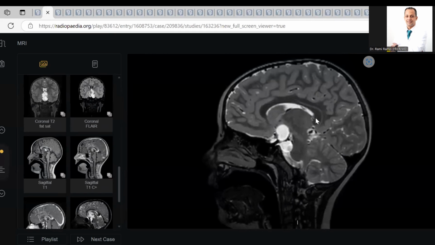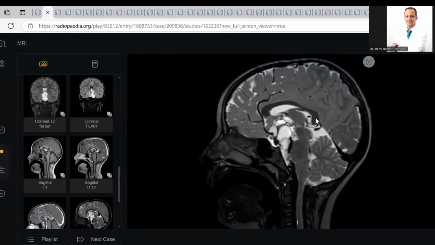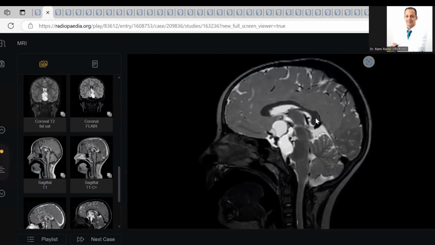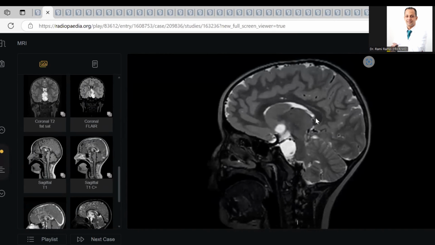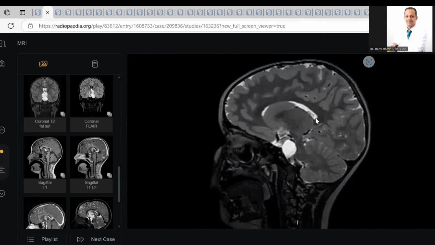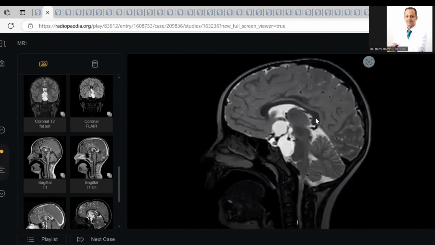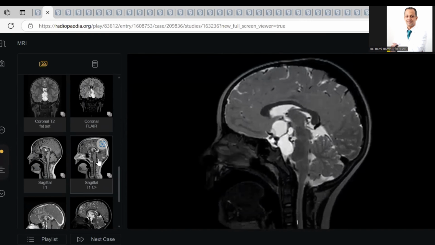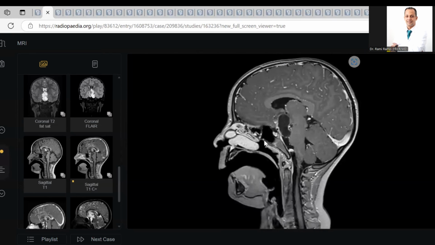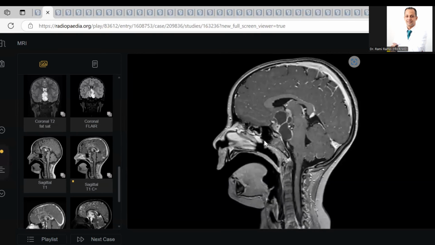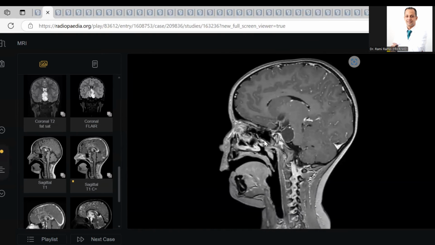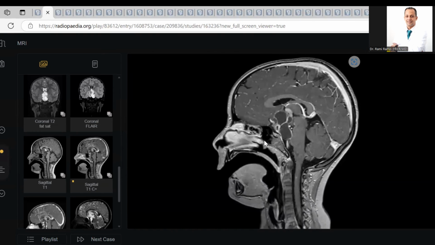So it is a multilocular cystic lesion in the prepontine cistern and in the suprasellar cistern. I would like to see whether it is extending into the sella or not. The sella appears to be normal.